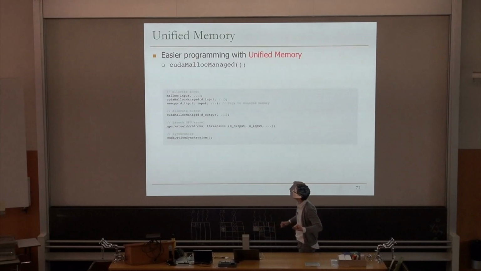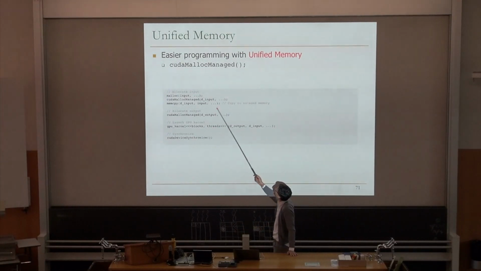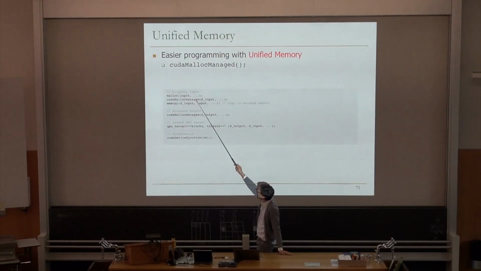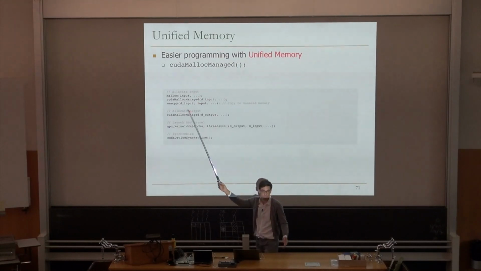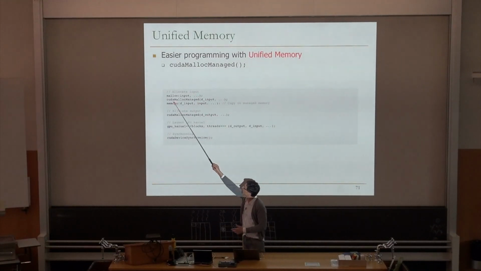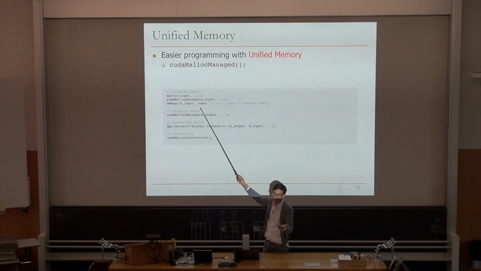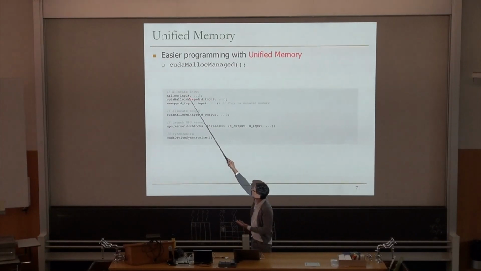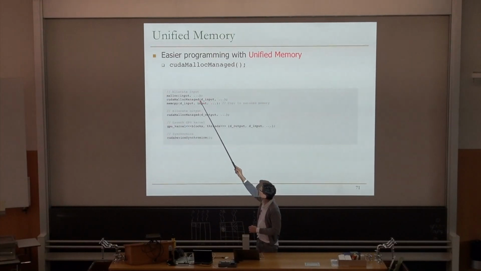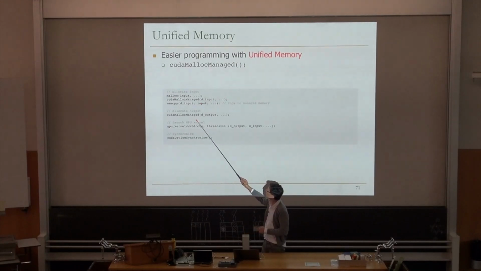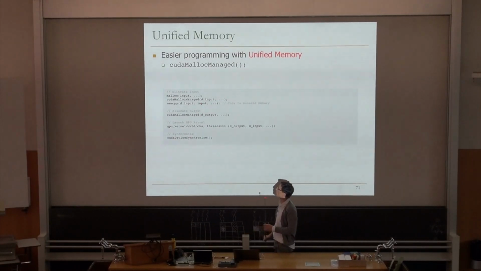Here you can see the syntax, or at least part of it, of this CUDA malloc managed. Instead of having to allocate memory in the host and the GPU, we simply use CUDA malloc managed, and instead of using CUDA memcpy, we can directly use a simple C memcpy to copy, in this case, because we are still doing the double allocation even though it's not necessary, this input into the input, and here also the managed allocation for the output.